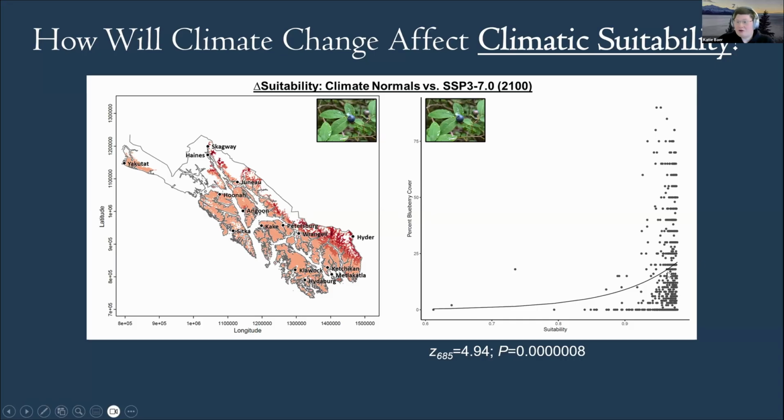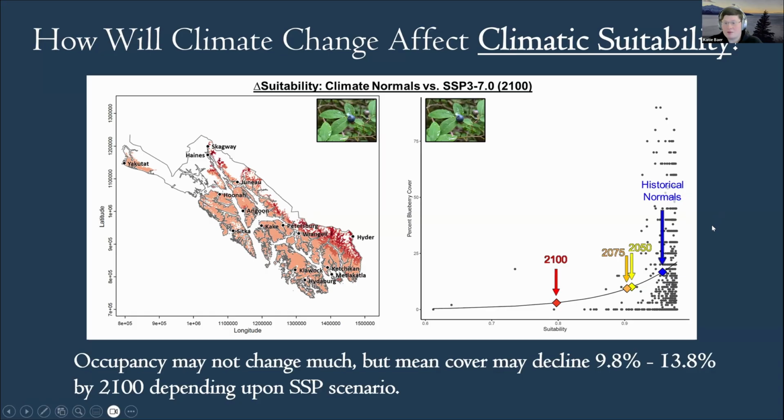And what we see is a very strong positive relationship for blueberry between suitability, our x-axis here, and percent blueberry cover. So what could be inferred if this relationship is maintained moving forward under climate change? Here's our mean suitability under historical normals, and as we can see, this pattern holds across the different climate scenarios.